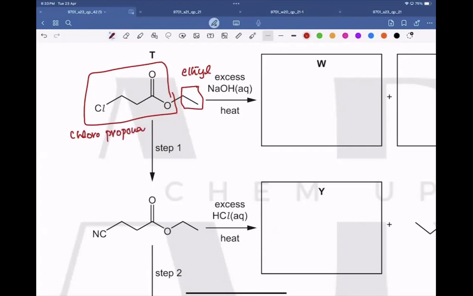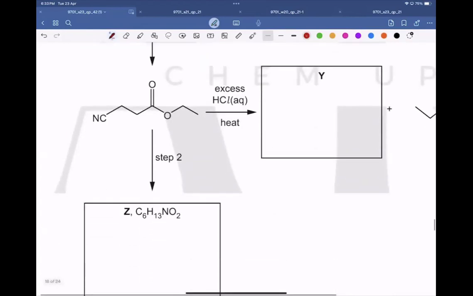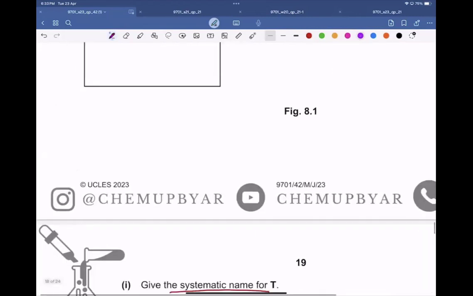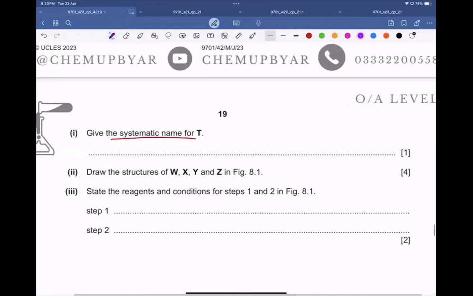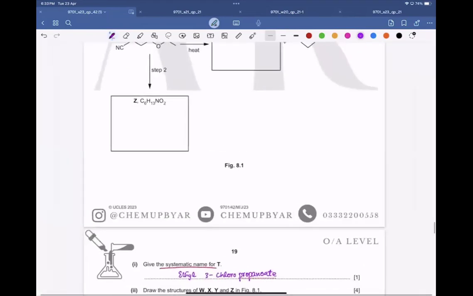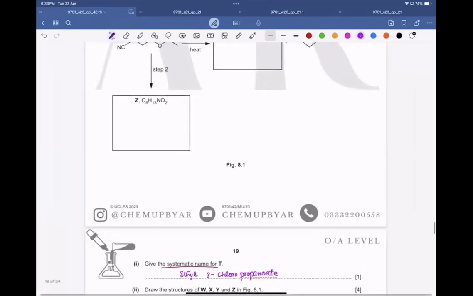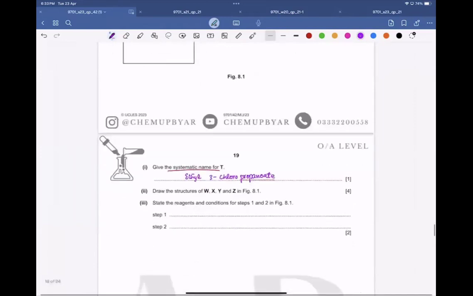So the complete name would be ethyl chloropropanoate. And chlorine is on carbon number 3, so ethyl 3-chloropropanoate. Okay.